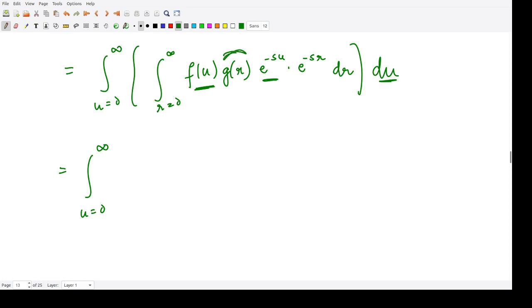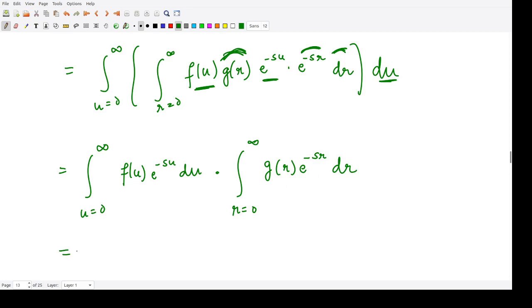Here this is a function of r, this is also a function of r, and the integration is with respect to r. So they are independent of each other and we can separate them. It would be the integral of u from 0 to infinity, f of u e to the power minus su du, multiplied by the integral of r from 0 to infinity, g of r e to the power minus sr dr.